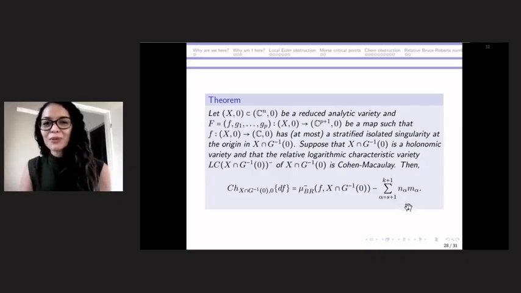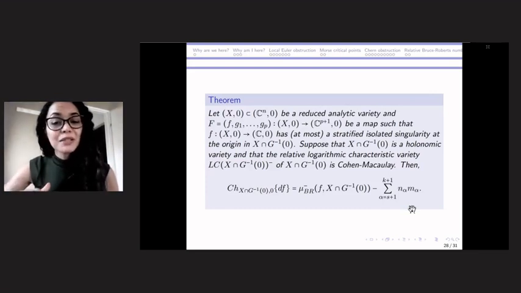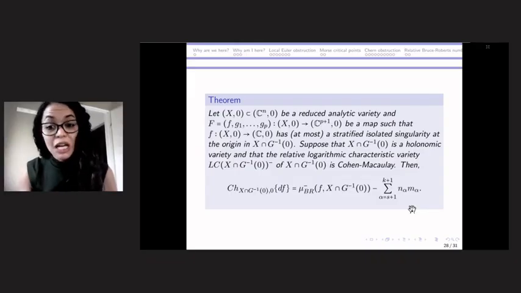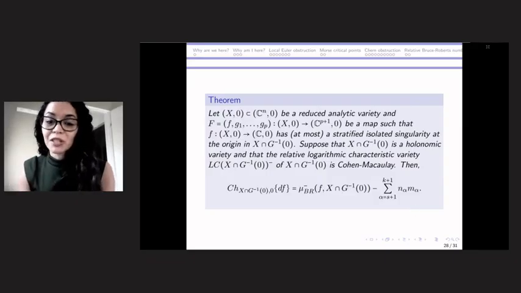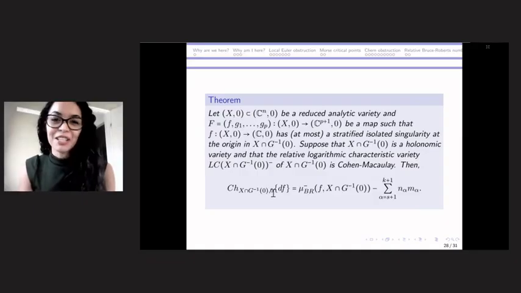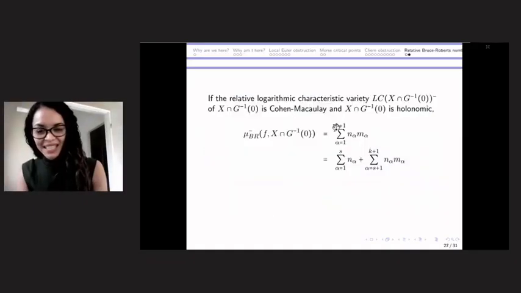Remember, I told you, when we make a deformation of the function, non-degenerate singularities will appear in other strata. So the relative Bruce-Roberts number captures that information. The Chern obstruction does not capture that information. It takes only what happens in the regular part, which was in this slide.